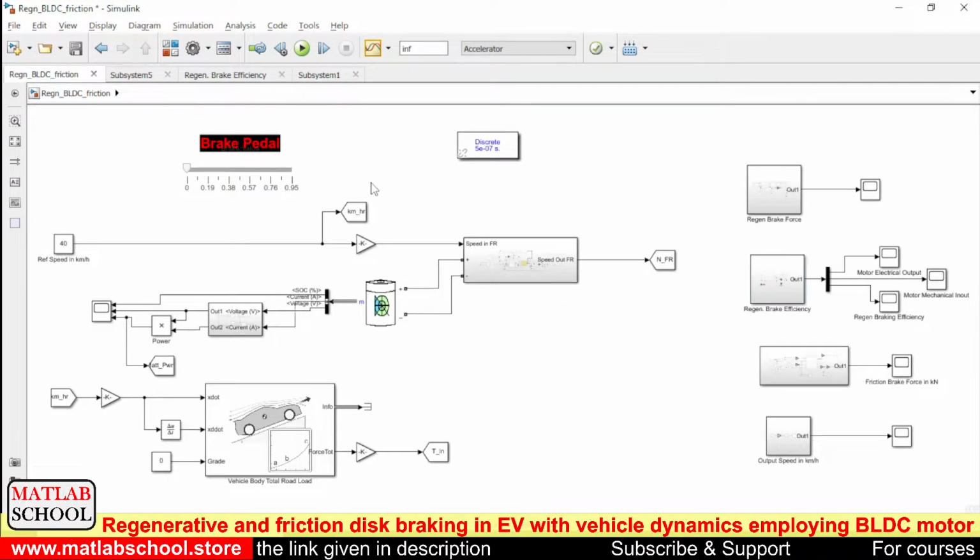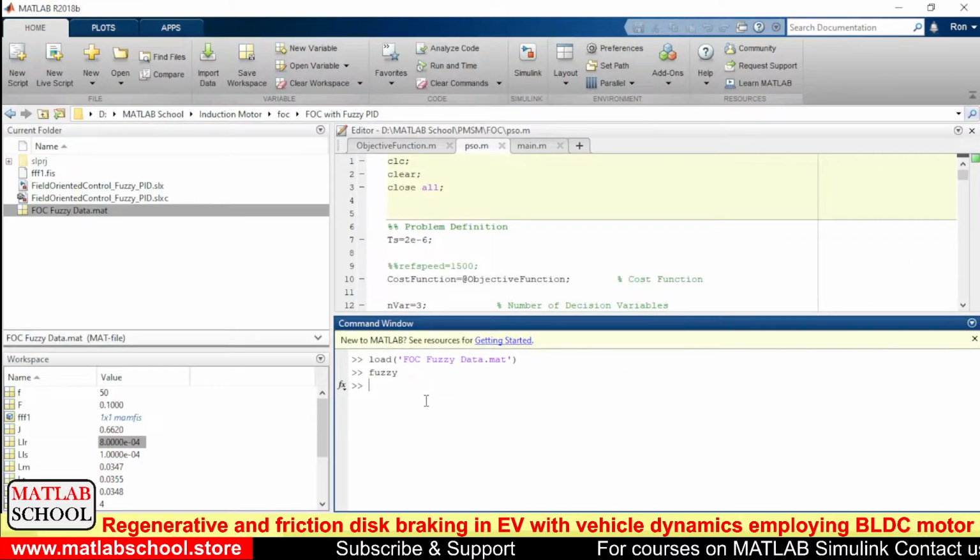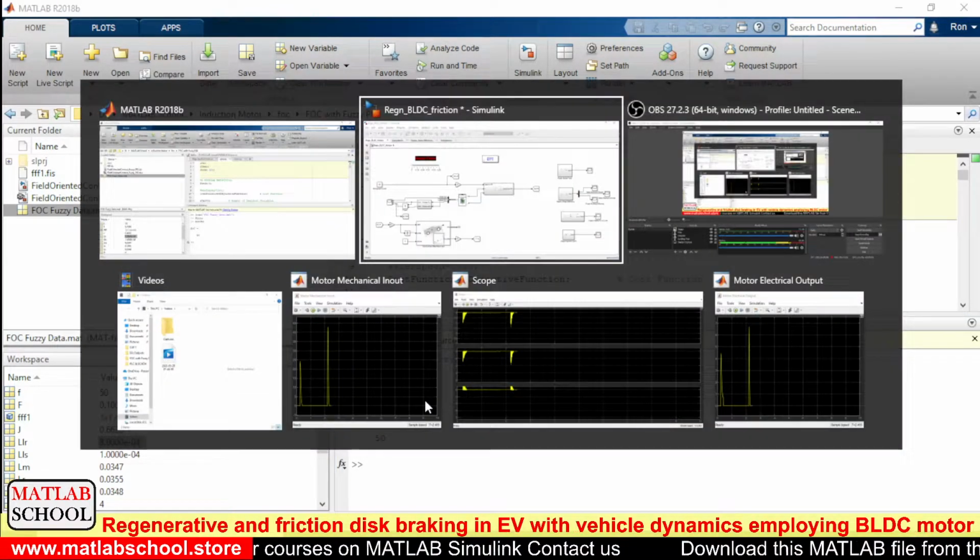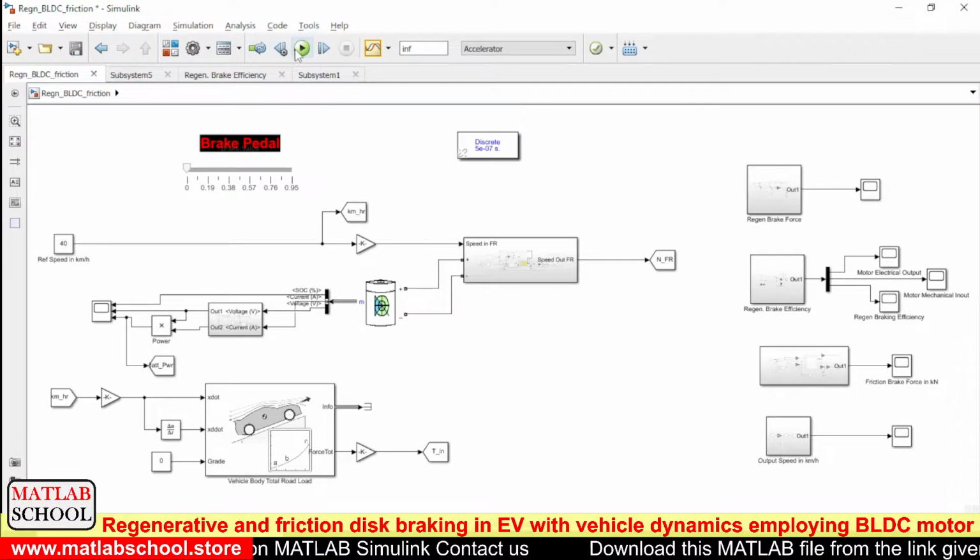So let us run the model now. Before running the model, we have to specify the SOC value in the workspace of MATLAB. I am giving the value as 50. Okay, now I am going to run the model.